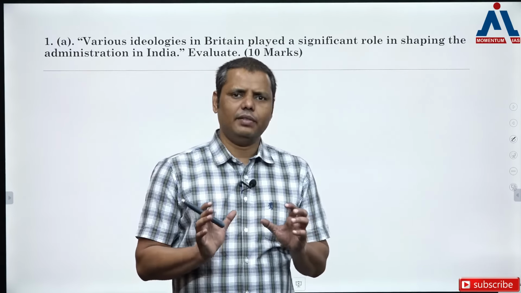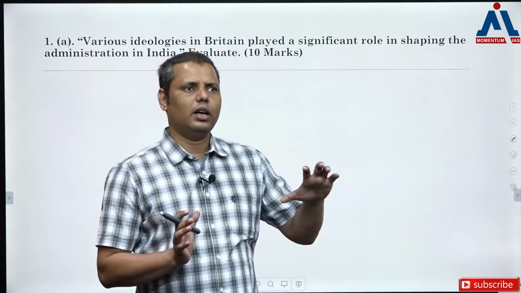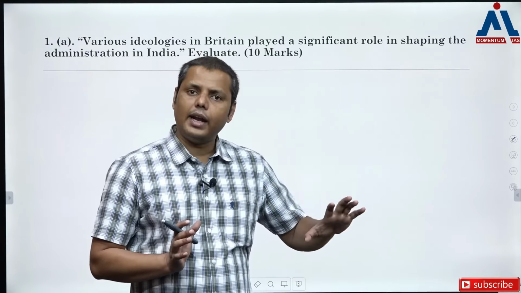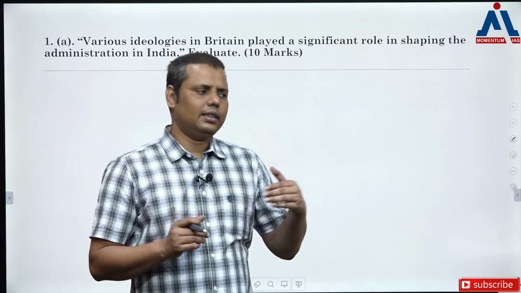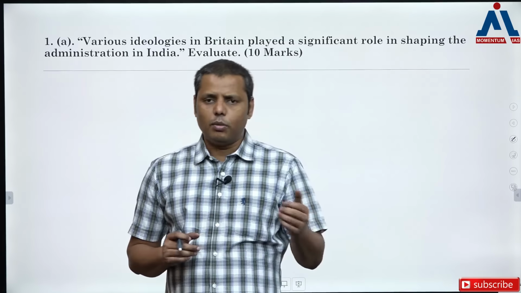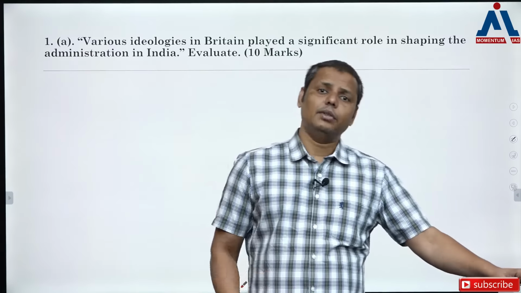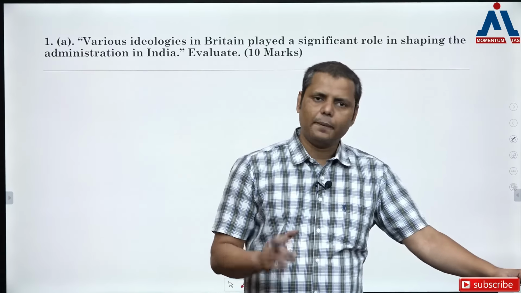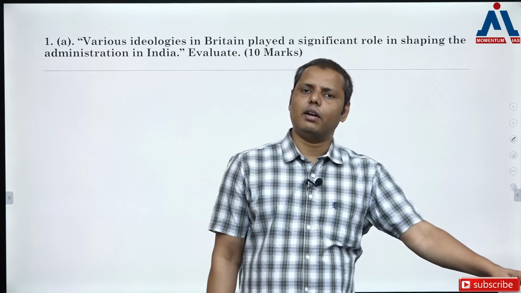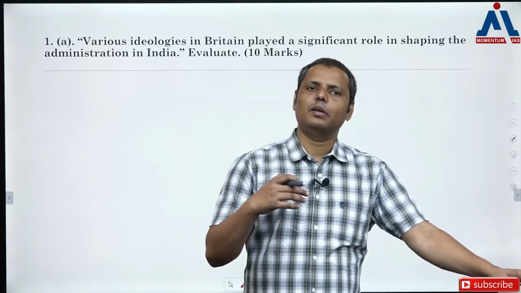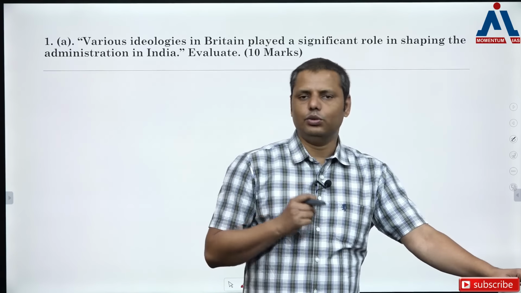By 1765 they had a very good plan: they wouldn't come into any kind of direct rule, rather they would deal with it indirectly, and that's how they hired Muhammad Reza Khan as Naib Diwan of Bengal and Raja Sitab Rai as Naib Diwan of Bihar. Nizamat was completely left in the hands of the Nawab of Bengal. So they had a very good plan that without coming into direct administration, they could earn a huge amount of money.